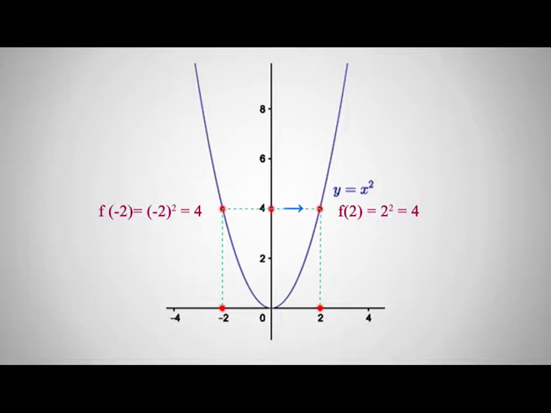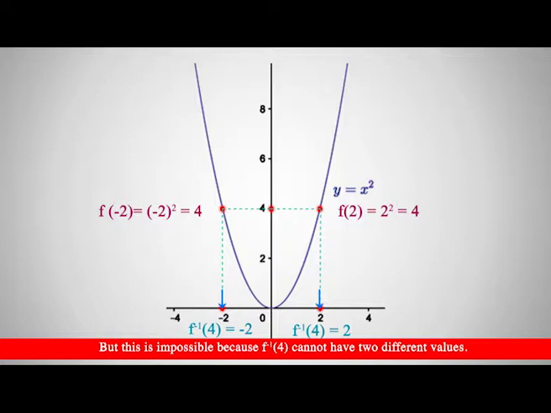Thus, if f of x equal to x square were to have an inverse, then f of 2 equal to 4 would imply that f inverse of 4 equal to 2, and the equation f of minus 2 equal to 4 would imply that f inverse of 4 equal to minus 2. But this is impossible because f inverse of 4 cannot have two different values. Hence, f has no inverse.